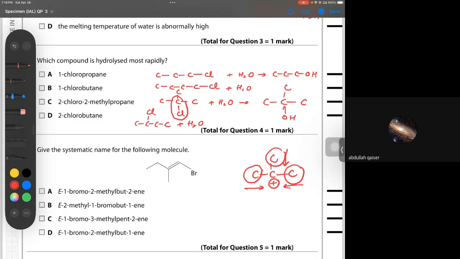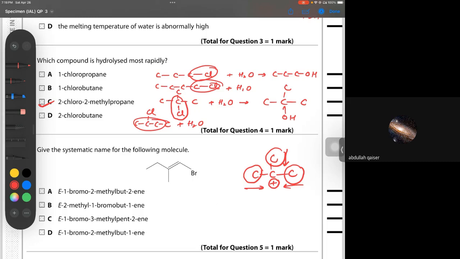So this is the one which is going to hydrolyze most rapidly, because this bond can be broken down easily as compared to this one, and this one. A and B are primary halogenoalkanes, D is a secondary halogenoalkane, and C is the tertiary halogenoalkane.